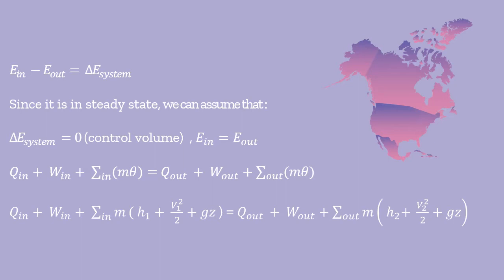Hence, we can derive the equation: Q in plus W in plus summation of m in theta equals Q out plus W out plus summation of m out theta. This becomes Q in plus W in plus summation of m in (h1 plus V squared over 2 plus gz) equals Q out plus W out plus summation of m out (h2 plus V squared over 2 plus gz).